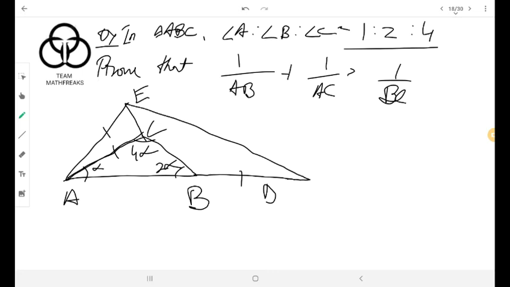Yes, I have solved it. Now use angle chasing. A little bit of angle chasing is allowed.